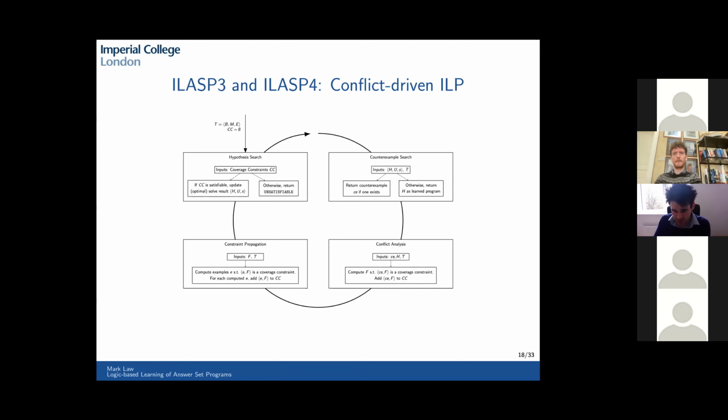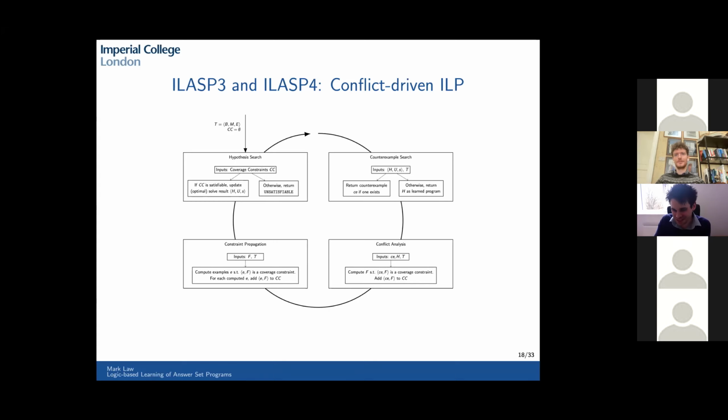If not, and it's an example that we weren't expecting to be uncovered, then we can take this example as a counterexample. This counterexample then goes forward to the next step of the approach, which is called conflict analysis. This is where we try to work out why the hypothesis that we found doesn't cover the counterexample. Now, I could do a talk on how this actually works within ILASP, but I'm not going to, because I don't think many people would be all that interested in it.